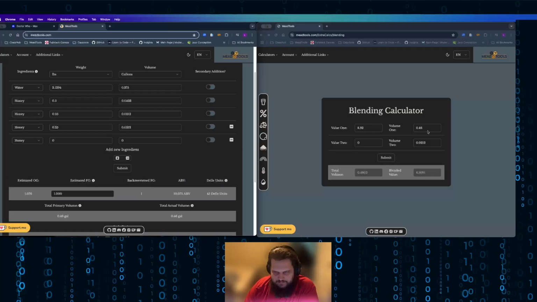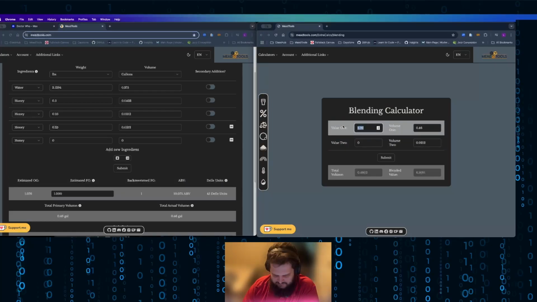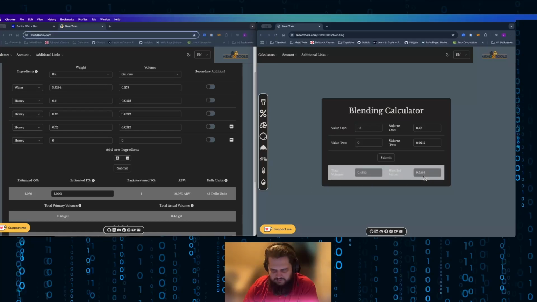So my new ABV is 10, we'll just call it an even 10 because that 0.07% doesn't make any difference at all. And now you see I'm at 9.55% at the end here.